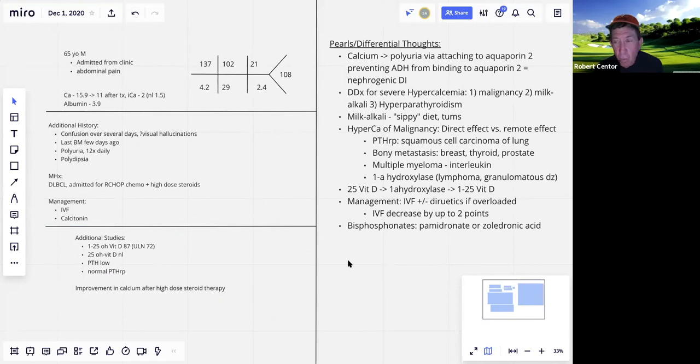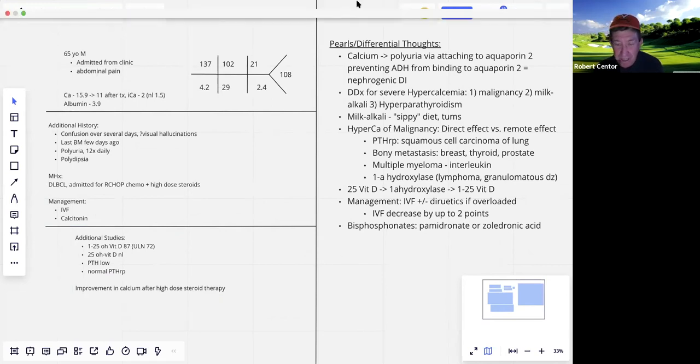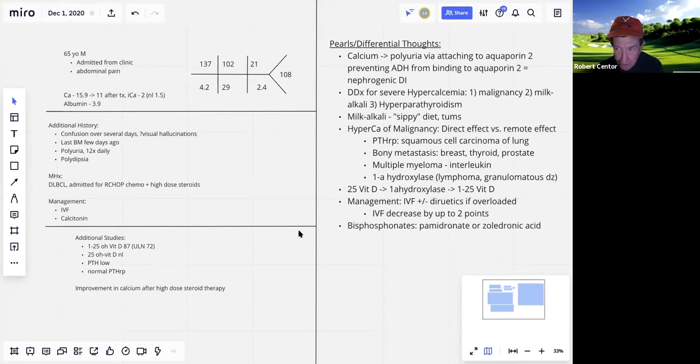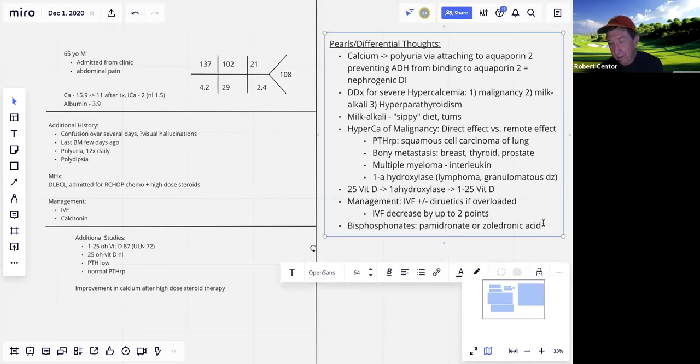So in what way do steroids help you when you have excess vitamin D? So what we're going to have to understand is the physiology of how vitamin D causes hypercalcemia. That might help us better understand the physiology behind steroids and hypercalcemia.